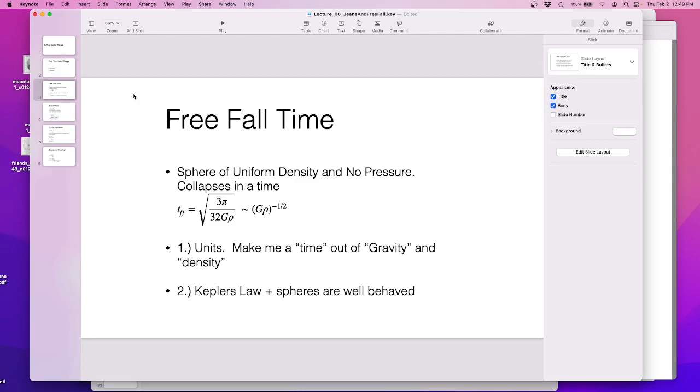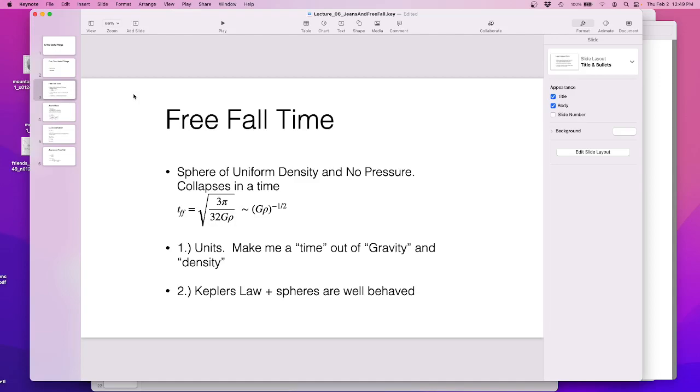And I'm going to stop for the day. Does anybody have any questions on Jeans length or free fall time? Actually, for the Jeans mass, what would the other side be? It would just be L_J cubed times rho. You just cube this and you get C cubed over G to the 3/2, rho to the 3/2, times rho.